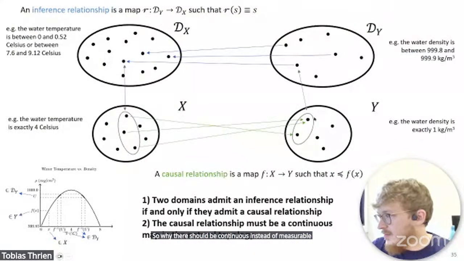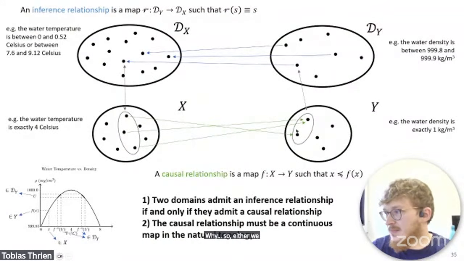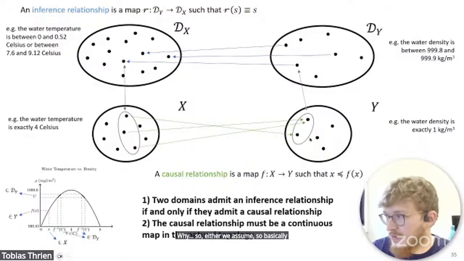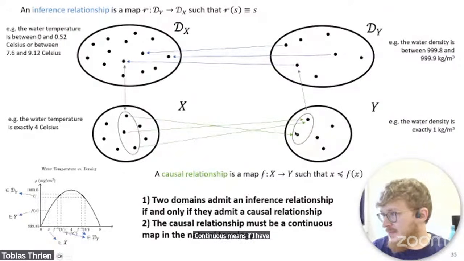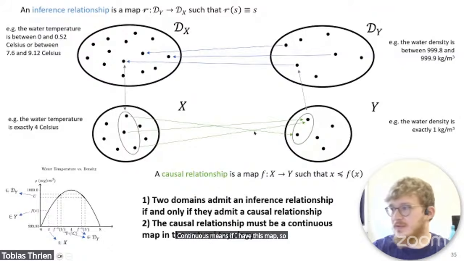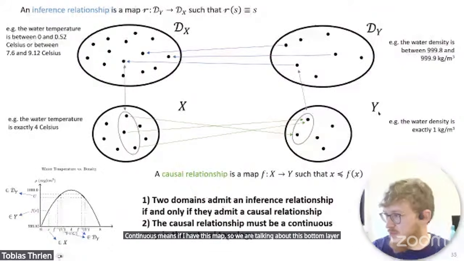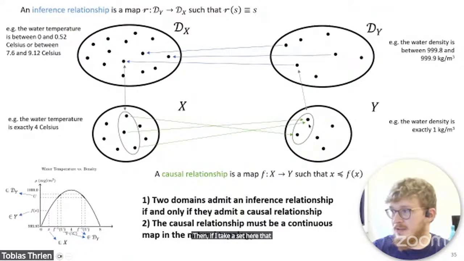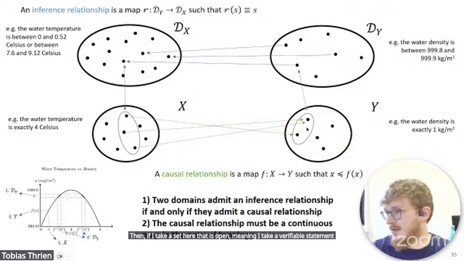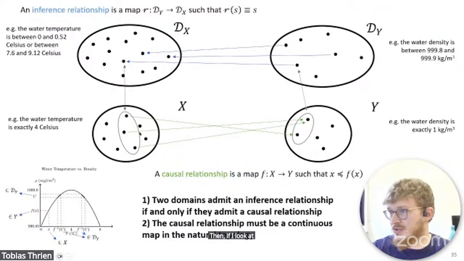So basically, continuous means, if I have this map, and we are talking about this bottom layer here, a map from X to Y, then if I take a set here that is open, meaning I take a verifiable statement here, and I look at the pre-image here, this is also open, verifiable.